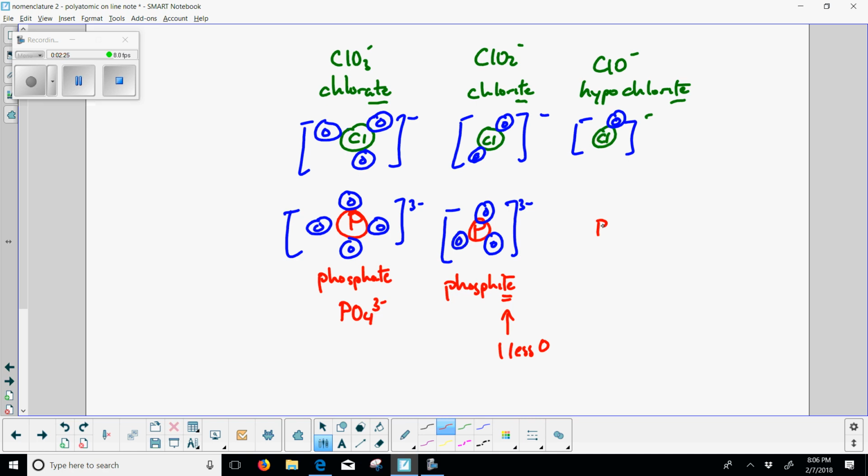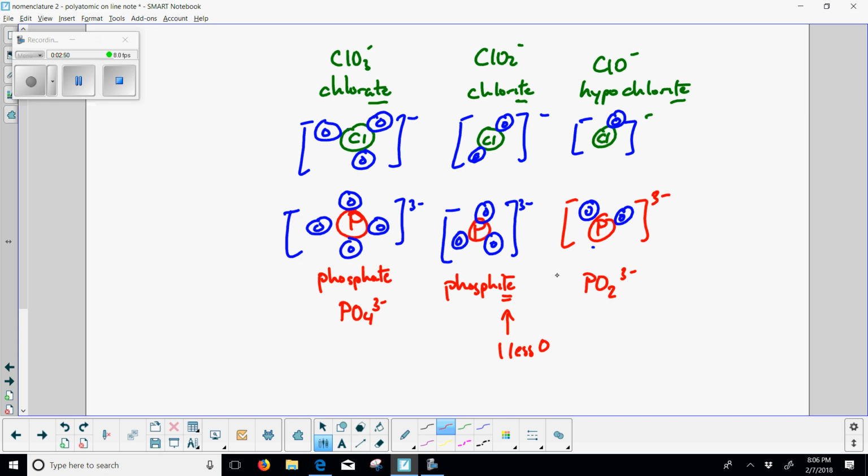Down here with the phosphorus, it's very similar. The phosphorus only has 2 oxygens. So instead of PO3 or PO4, it's PO2. It still has the 3 negative charge associated with it.